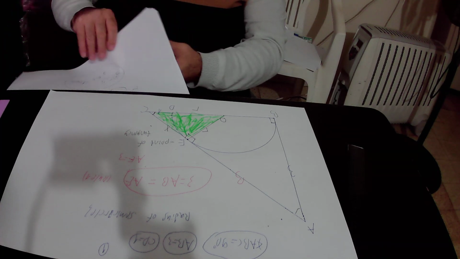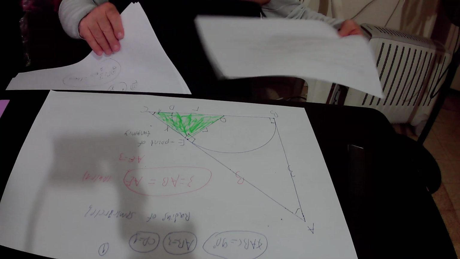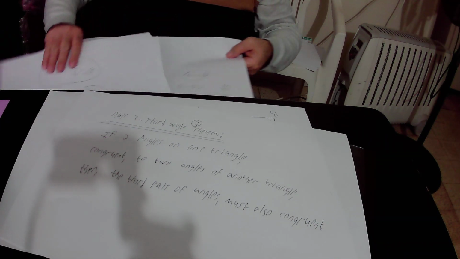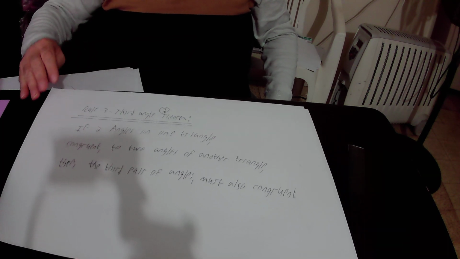The third angle theorem states that if two angles of one triangle are congruent to two angles of another triangle, then the third pair of angles must also be congruent.